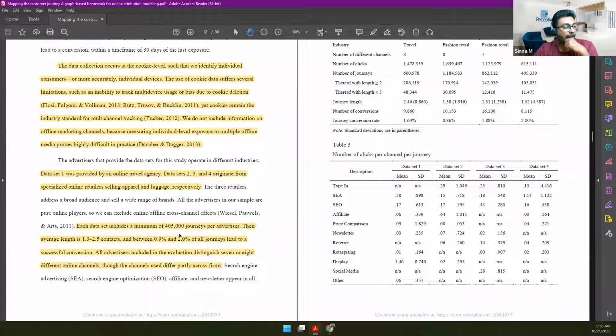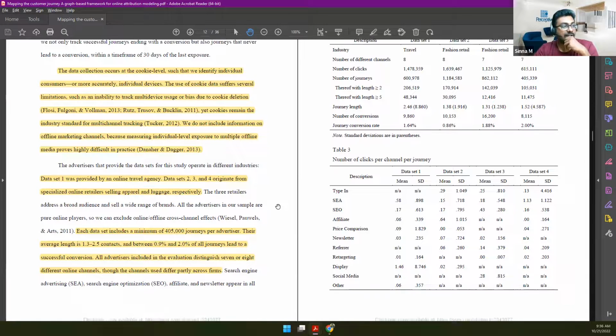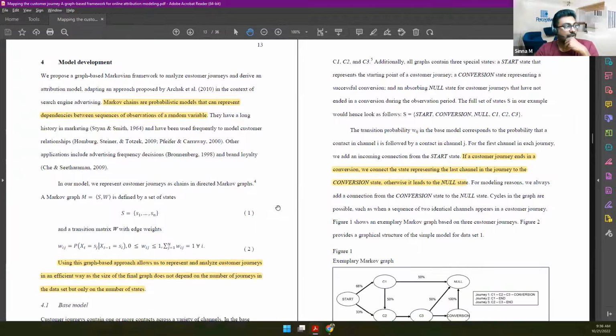The average length is 1.3 to 2.5 contacts in terms of channels, and between 1 to 2% of journeys lead to a conversion. They distinguish between 7 or 8 different online channels, and these channels differ across the different firms that gave the data to the researchers. So that is in short about the data.